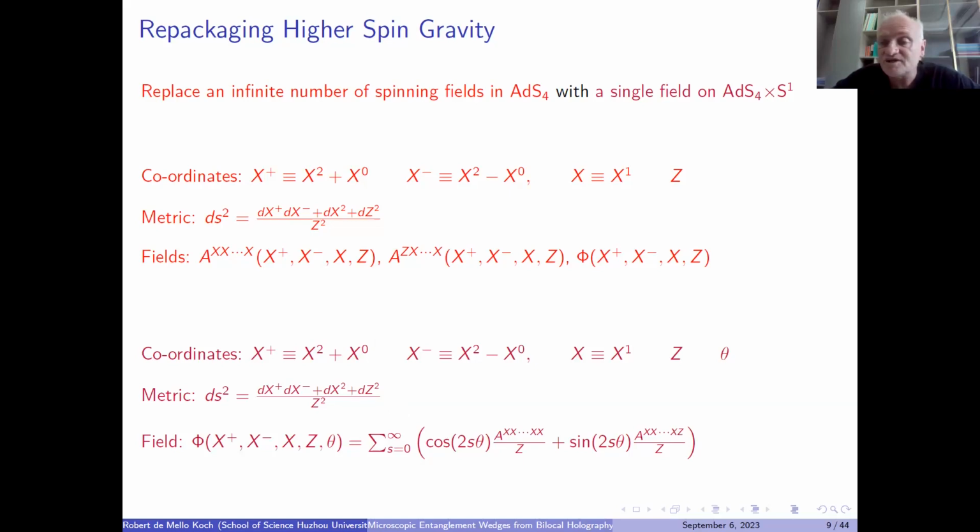Theta is simply a bookkeeping device. And I now consider this field capital Phi, which is a function of 5 coordinates, the 4 AdS coordinates plus theta, and my gauge fields appear in the coefficients of a Fourier decomposition of Phi. So I've managed to repackage all of the fields of the higher spin gravity into a single field at the price of using 1 extra coordinate.